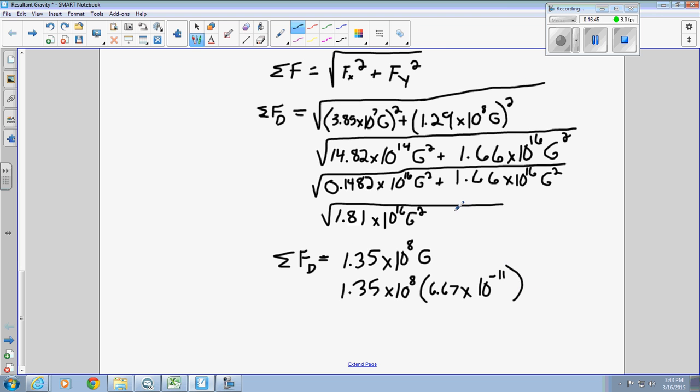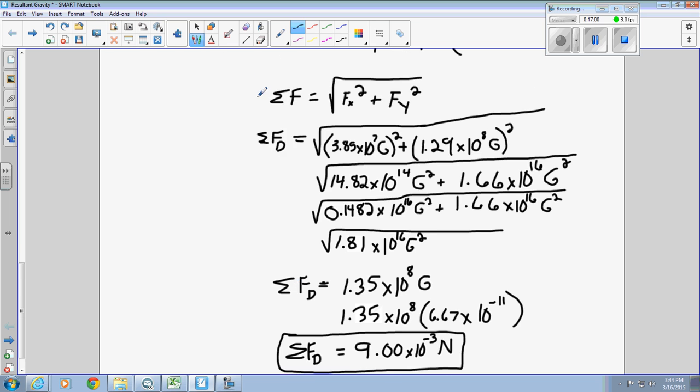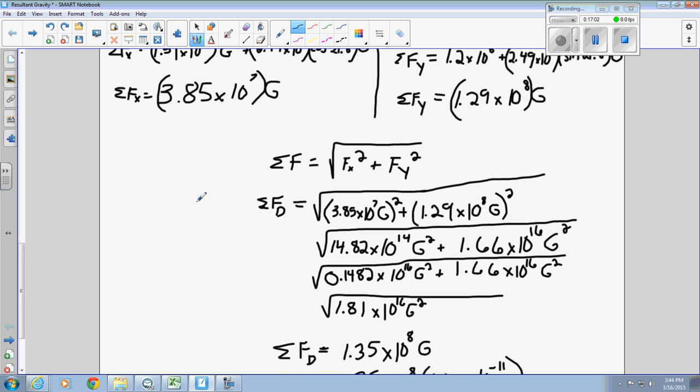Now we'll put our G constant in and figure out the true magnitude of the net force acting on D. And we'll find net force is equal to 9 times 10 to the negative 3 newtons. Now, that's the magnitude. To figure out the direction, we need to take the inverse tangent.